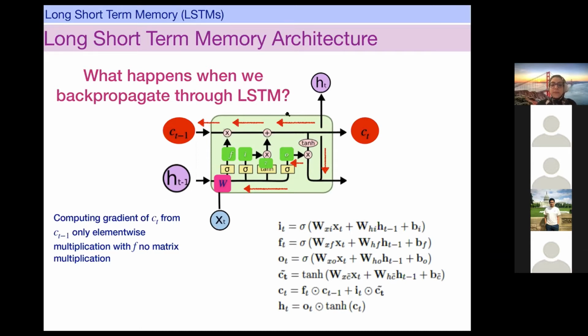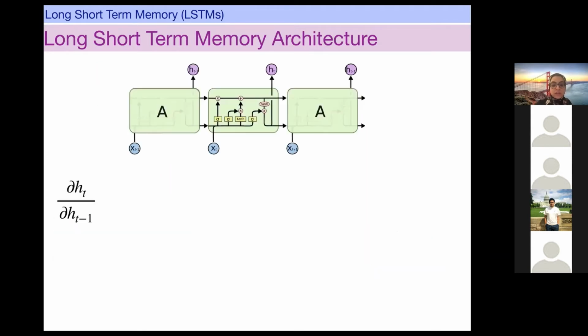So you can think about this upper path as a highway for the gradient to flow as we go on from one cell to another. So let's calculate the derivative of h_t with respect to h_{t-1}, like we did previously.